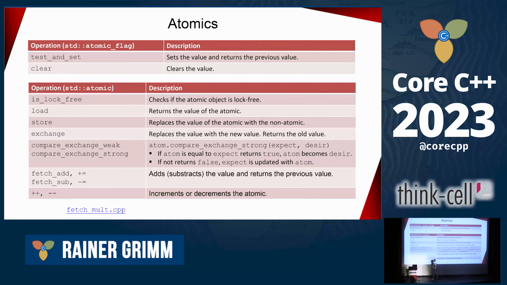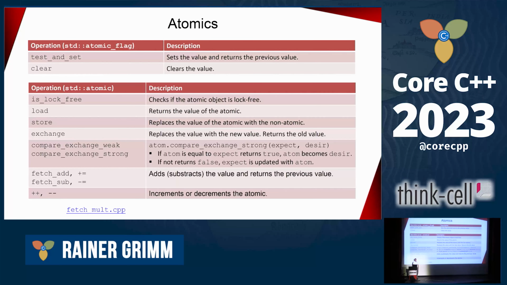And then we have std::atomic. And on std::atomic, we have a rich interface. We can say, is this implementation lock-free? We can load it, we can store it, we can exchange atomics. We can say compare_exchange_weak, compare_exchange_strong. I will come to these both member functions in a few seconds.